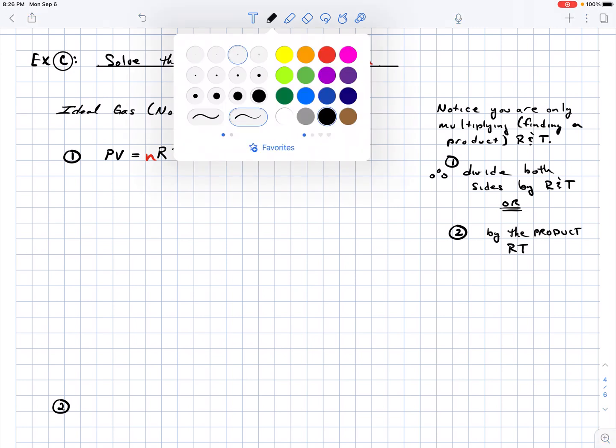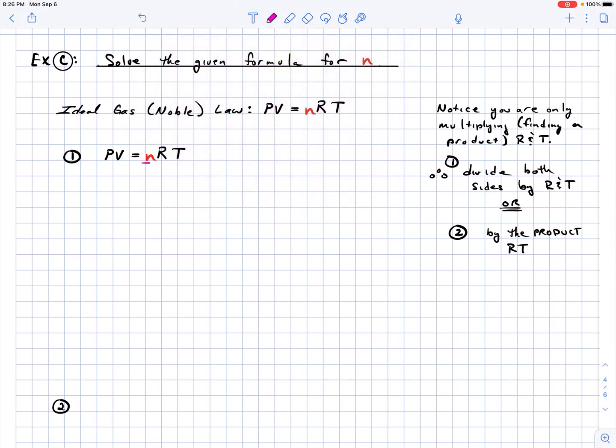So I'll divide first by R. We'll do it the old way here. So we divide by R, we divide by R. We cross those out. That's what we usually say, right? So then we have PV divided by R is equal to nT.